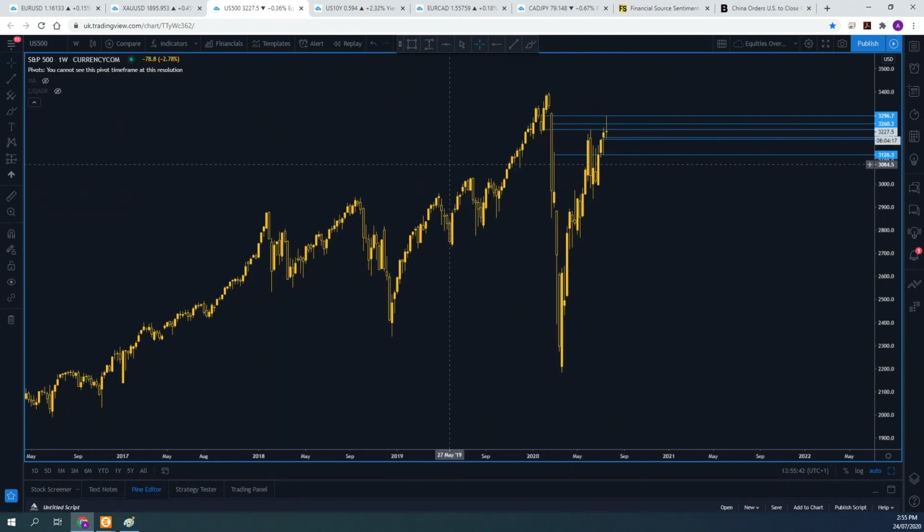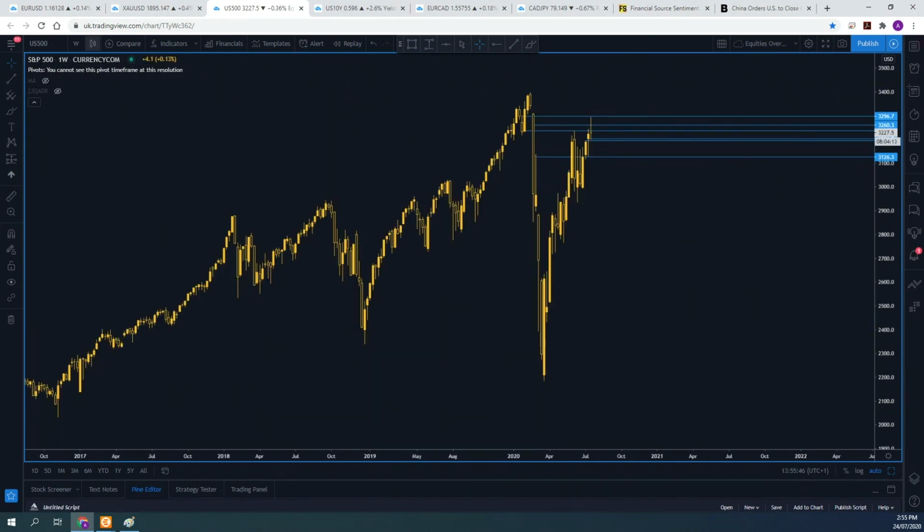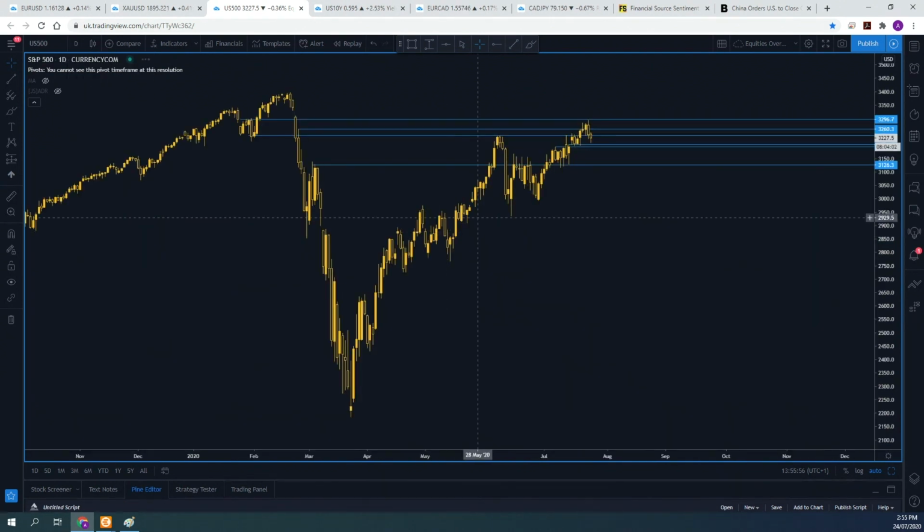So what I prefer to do, especially when you go to the higher time frames like the weekly or the daily, definitely do it, but only mark out those key areas that are major levels on that higher time frame, but close to your price action, right? So if we're going to the daily, mark out the high where we are currently trading, or the highest point we most recently reached, and these lows.